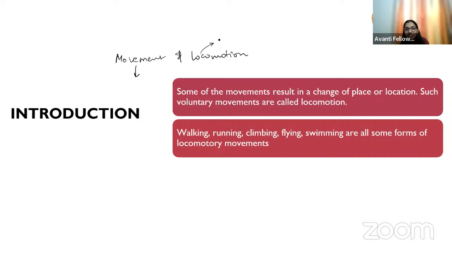But when there is a change in place and location, we call it locomotion. And these movements are voluntary in nature.